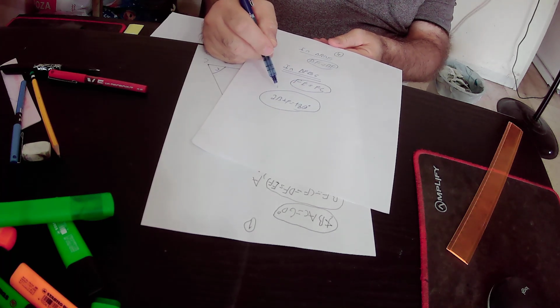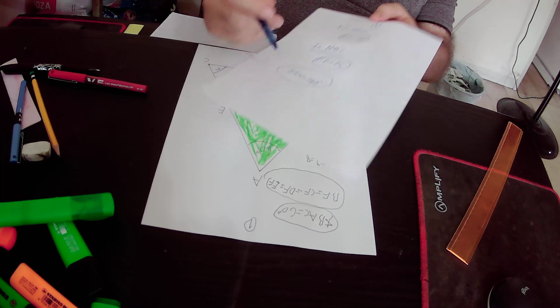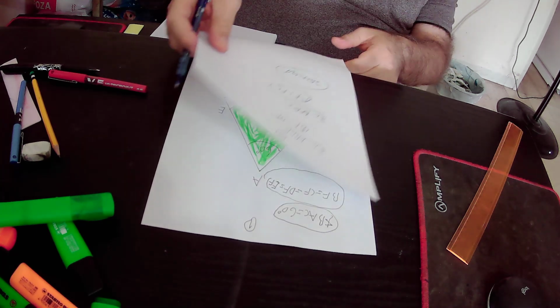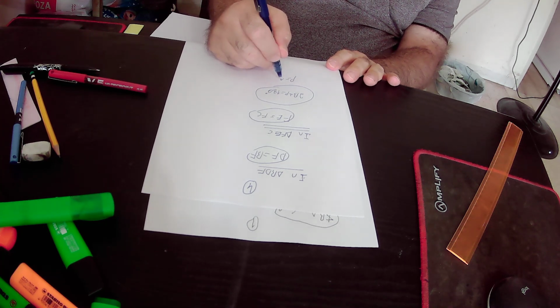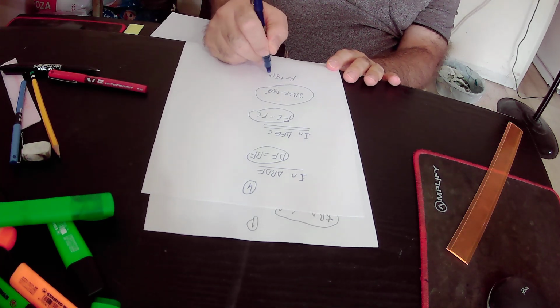Here we will subtract 2B from this equality, and we will get that P equals 180 degrees minus 2B.